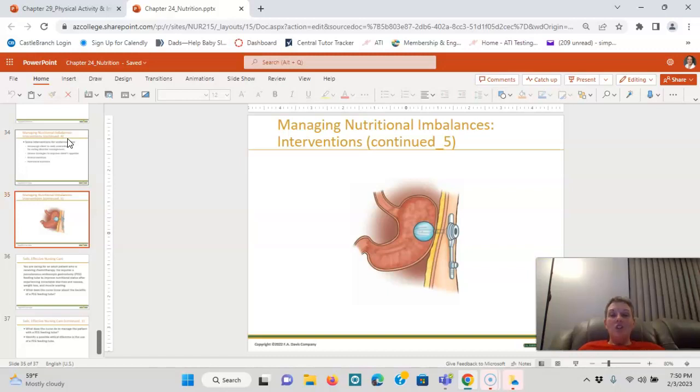So feeding tubes can go in the stomach or can actually go in the small bowel. This is called a Mickey. In the old days, it used to have a more Mickey-like appearance, but this is called a Mickey or a button. This would be for a child, usually.